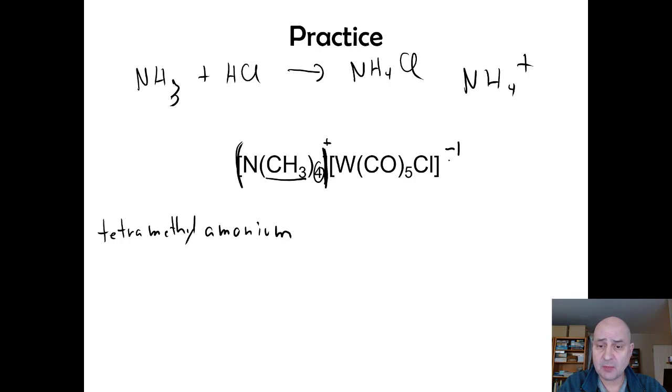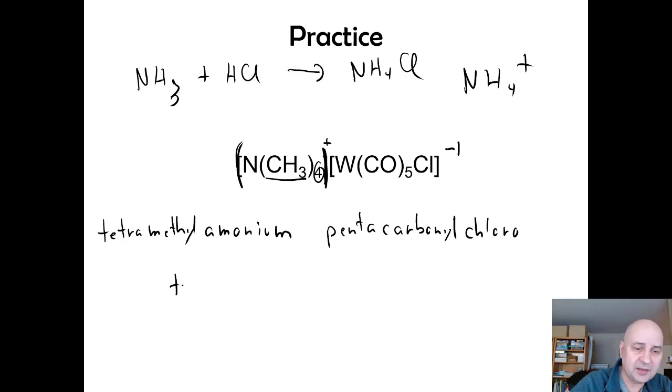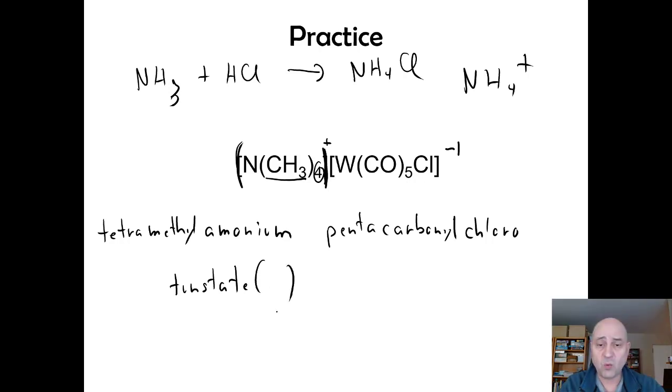The carbonyl comes first, so we have pentacarbonyl, and one chloro, so chloro. And this is going to be a tungstate, ATE.